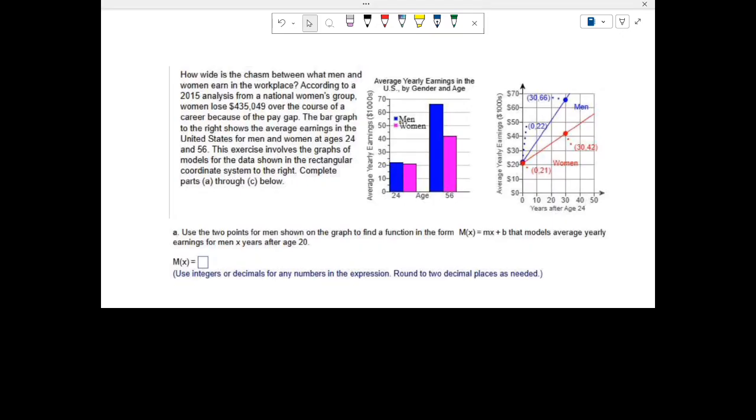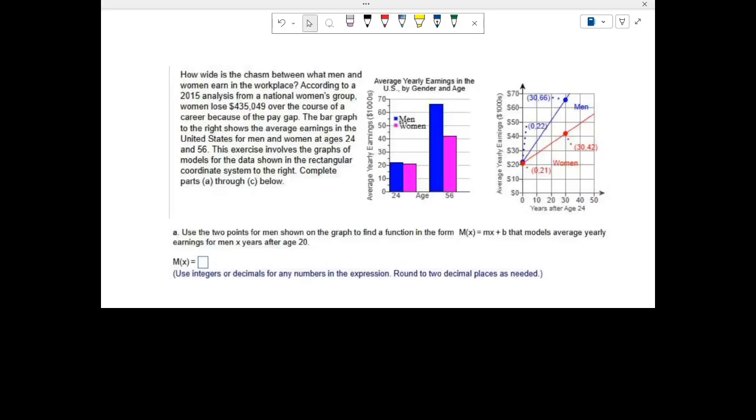So it says use the 2 points for men shown in the graph to find the function in the form m of x equals mx plus b that models average yearly earnings for men X years after the age of 20. Okay, so y'all, we're going to try to make this as easy as possible.